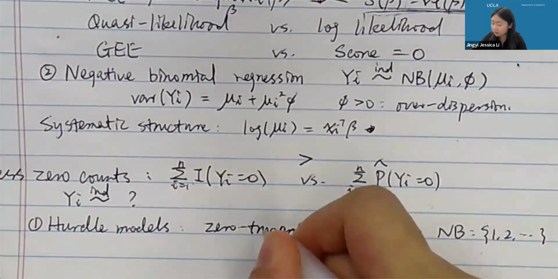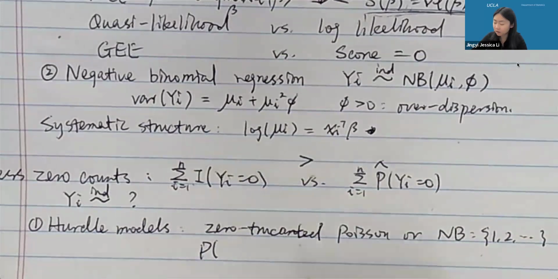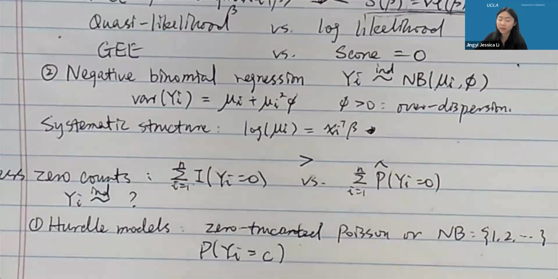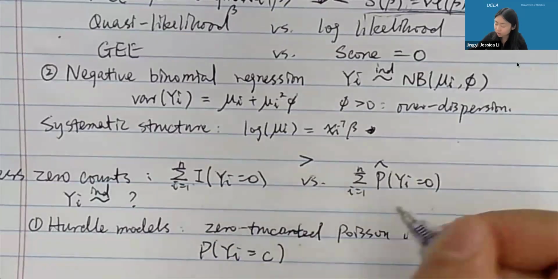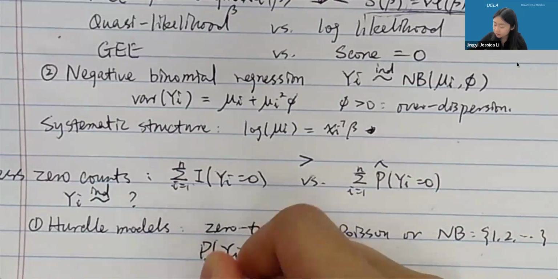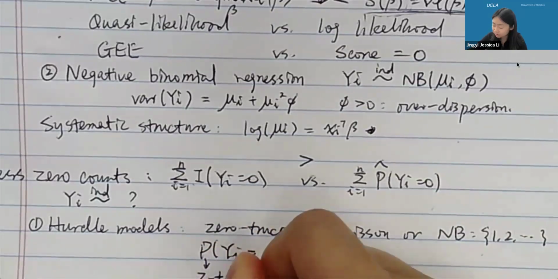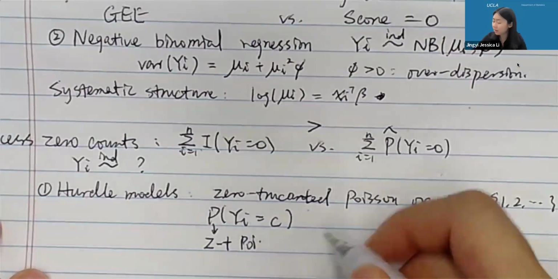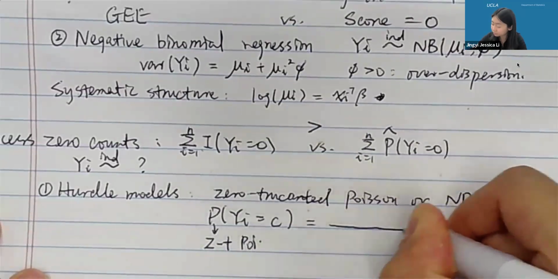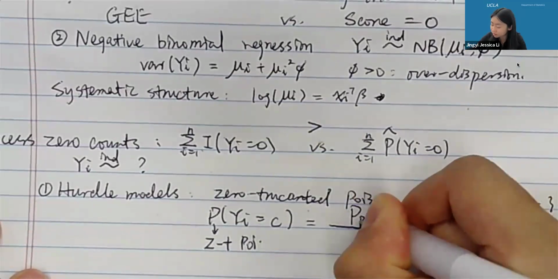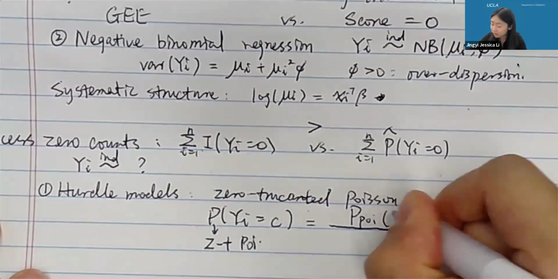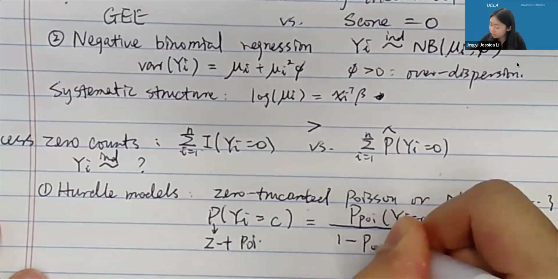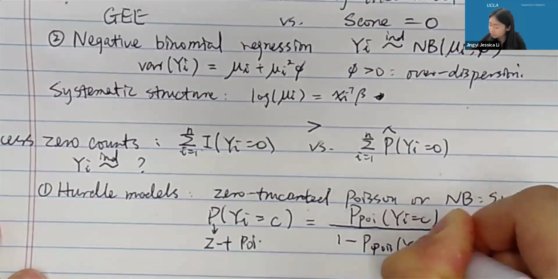So basically, the probability of such a yi taking a value c under the zero-truncated Poisson distribution should be equal to the probability under the original Poisson that yi equals c, divided by 1 minus the probability under Poisson that yi is 0.